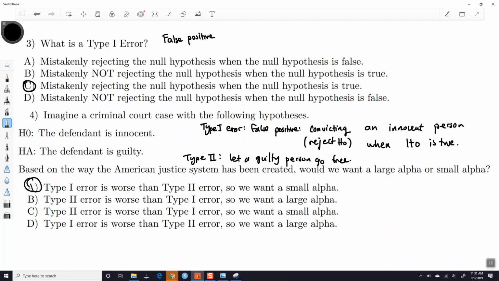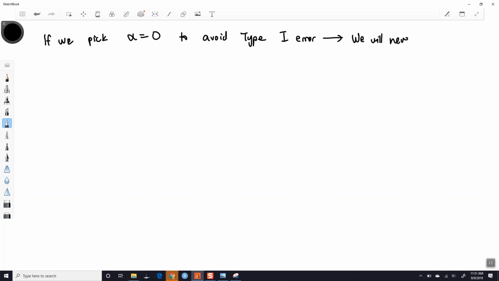And that's the only way you can fully avoid type 1 error. So if we pick alpha equal to 0 to avoid type 1 error, what that means is that we will never reject the null hypothesis, because the only way to reject the null hypothesis is if the p-value ends up less than alpha, right?